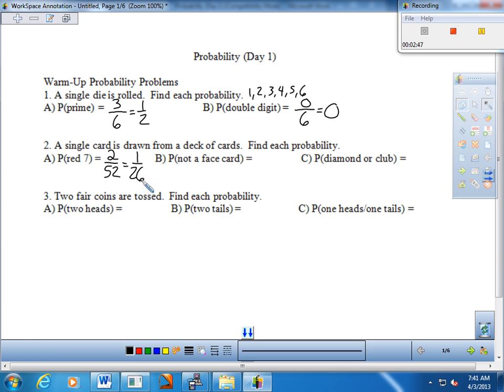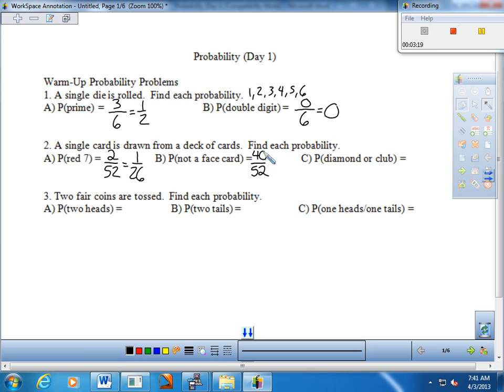Next one that I have, let's see, we've got the probability that it's not a face card. Okay, interesting here. So probability that it's not a face card. We'll go face cards as just Jack, Queen, and King, just for future reference there. So those would be 12 face cards in the deck, 12 face cards. And so how many would not be a face card if there are 12 face cards?